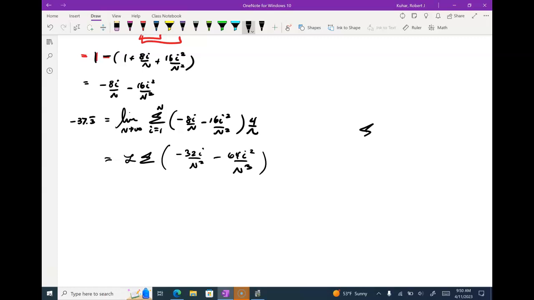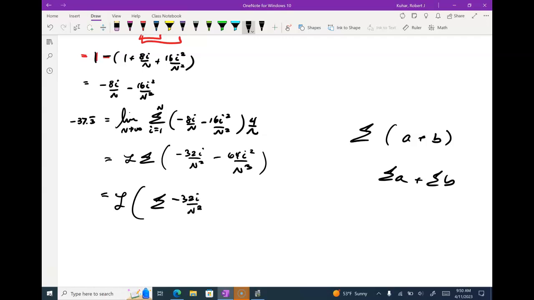If I'm adding all the a plus b's, it's the same as adding all the a's and then adding all the b's, okay? So I'm looking at the limit of the sum of negative 32i over n squared plus the sum of negative 64i squared over n cubed. So I split up the sigma, split up the sums.